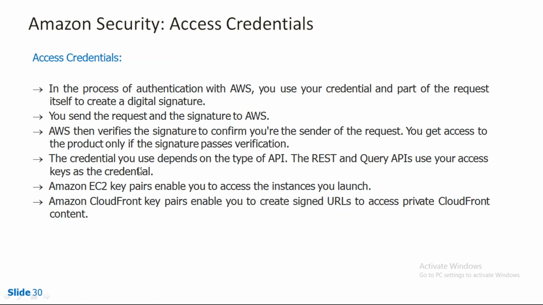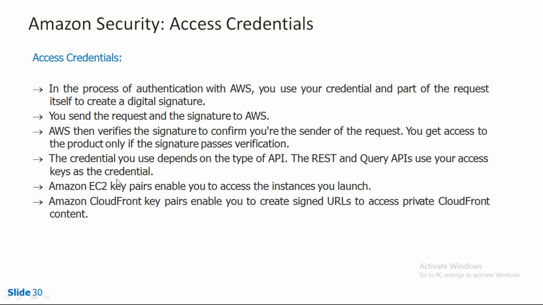The credentials you use depend on the type of API. So it is another additional layer of security: whenever you use the different APIs, you set it up for that. The REST and the query APIs use your access key and the credentials. So access key and secret access key, we will see that later on.